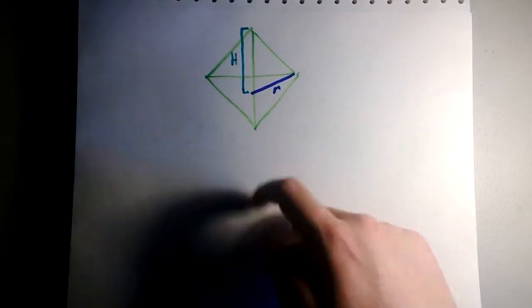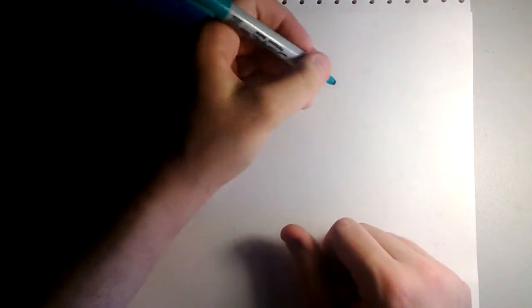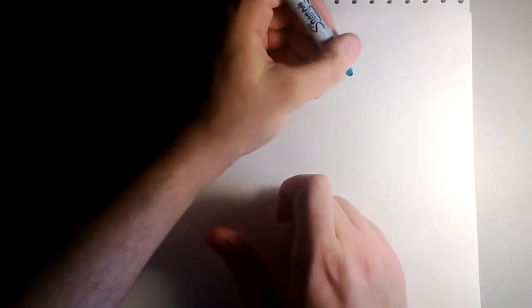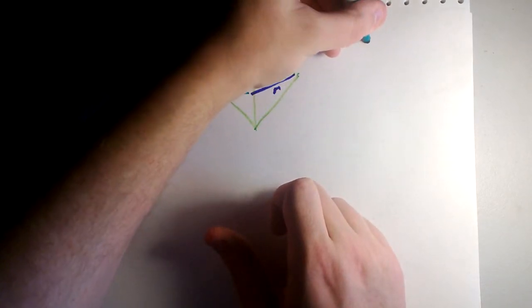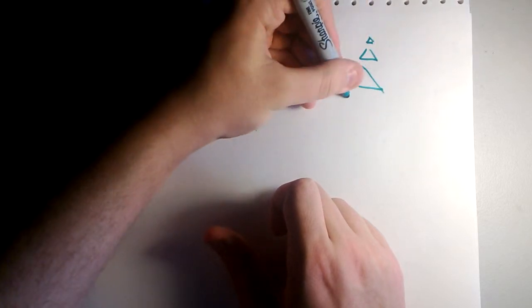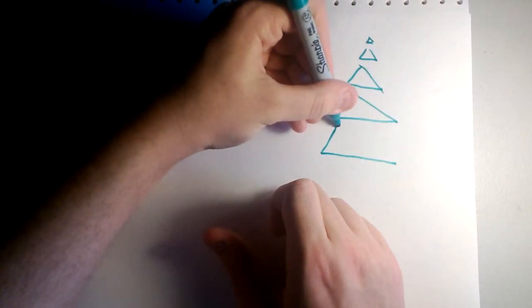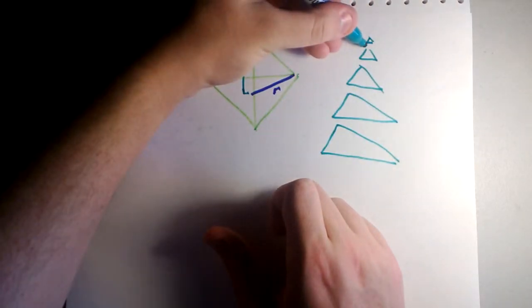So the first step to making this an integral problem is you want to analyze it for its shape, because if you cut this in pieces, it's really just a bunch of triangles that are getting bigger. Check that out.